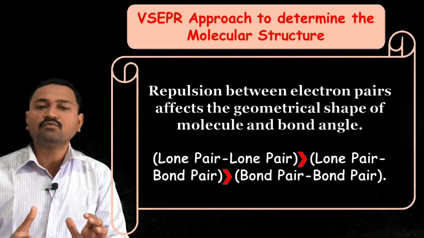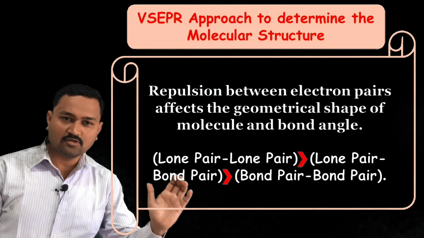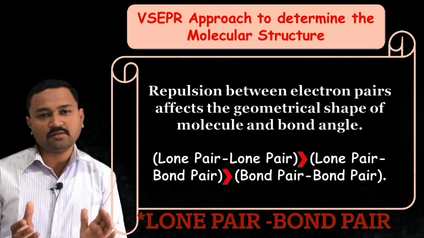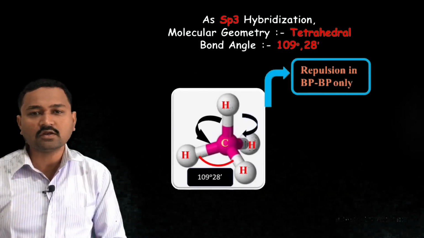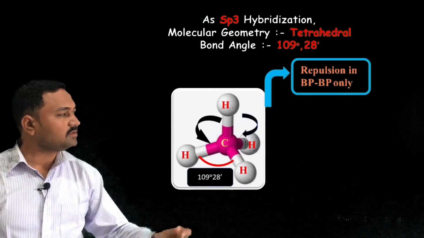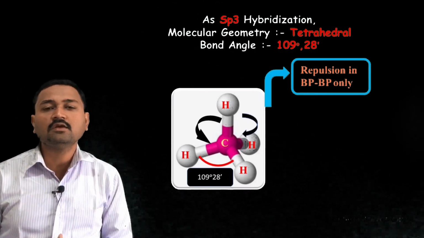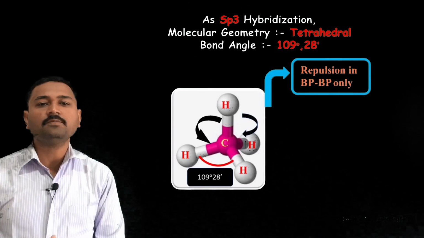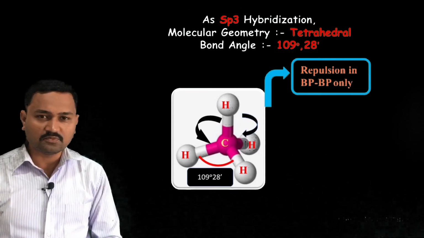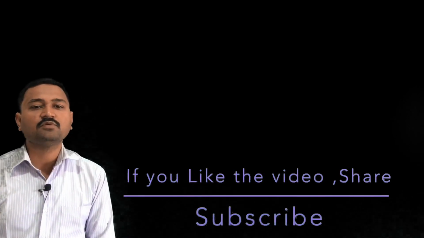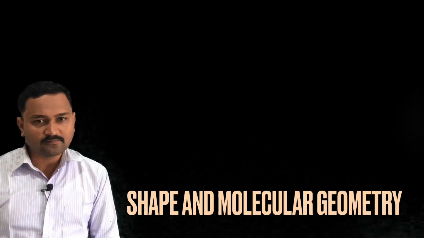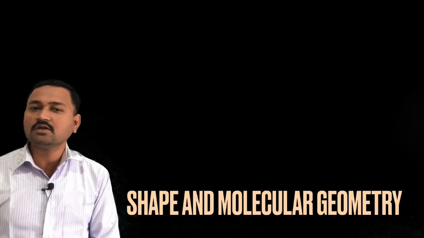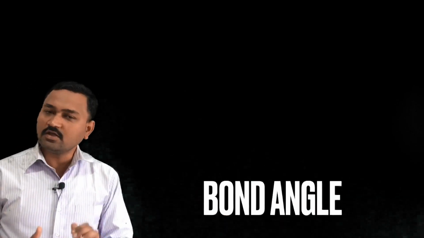It is a weaker repulsion than those involving lone pairs. Hence the methane molecule has a regular tetrahedral geometry with the bond angle 109 degree 28 minutes. The shape and the molecular geometry of the methane molecule are the same. So this is the first application of the VSEPR theory, by which we are able to predict shape and molecular geometry along with the bond angle for the molecule.